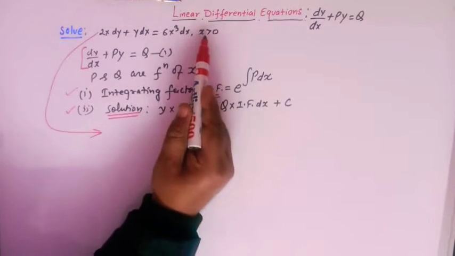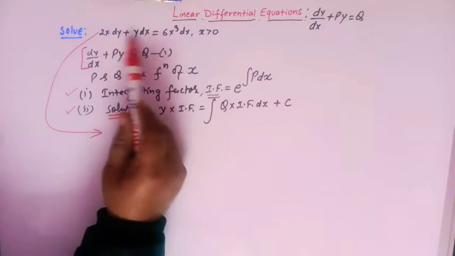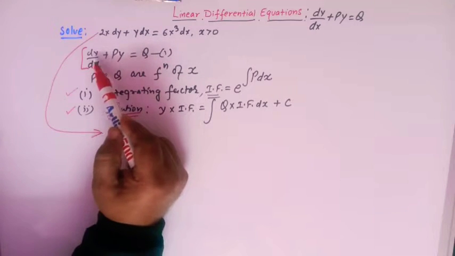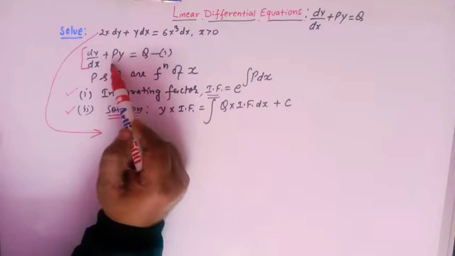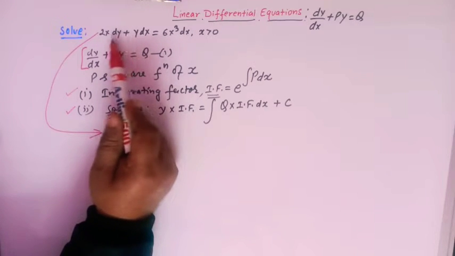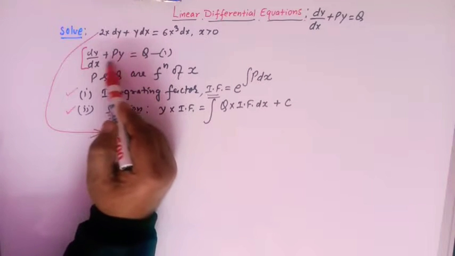cube dx, where x is greater than 0. When we look at this equation, it doesn't look like this form. So let us rearrange this equation and convert it into this form.